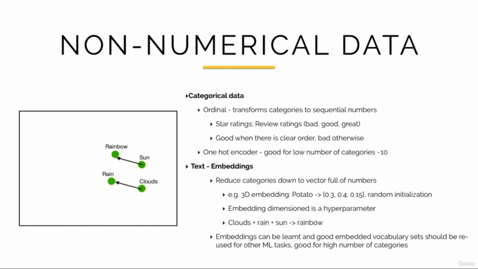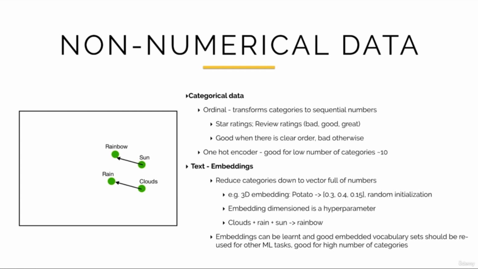But an example of this is if we take the words clouds, sun, rain, and rainbow, then if we learn these embeddings, our embeddings may actually look like what we see on the left, and you can see that to get a rainbow, you go to the clouds, you add the rain, and then you add the sun, and you've got yourself a rainbow here.